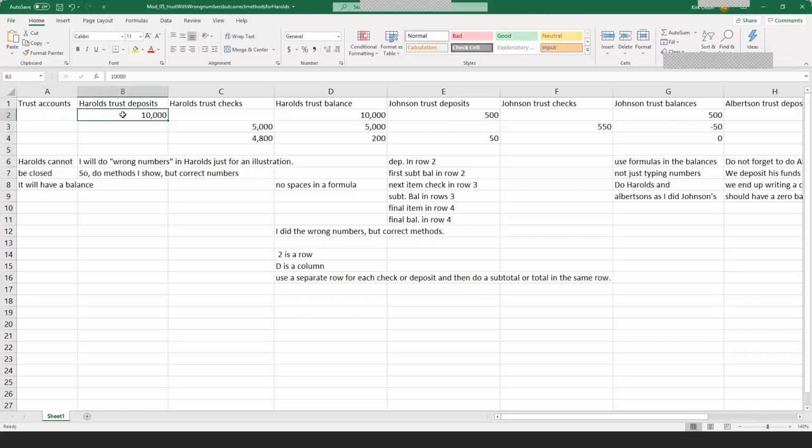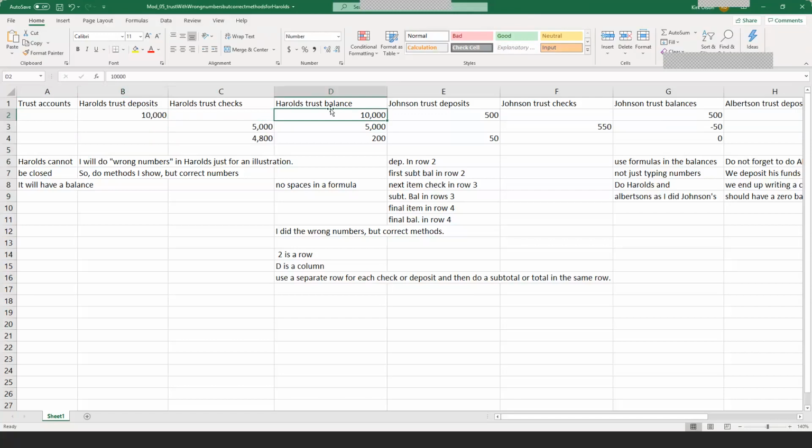Now, you have a deposit. Notice that I don't have the check in the same row. Only one thing in one row, deposit or check. And then every time I do one of those, I do a balance for every new thing. So there's a trust deposit. I don't write a check here. And then I do a subtotal.